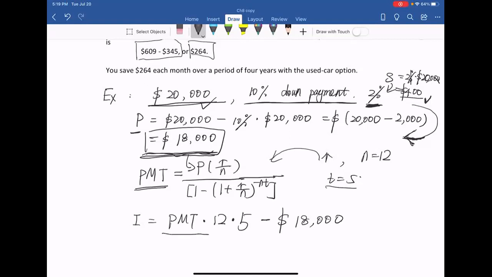So the interest from the loan is PMT times 12 times 5, subtract the loan you have borrowed at the beginning when you are buying the car. So remember here it is not 20,000.